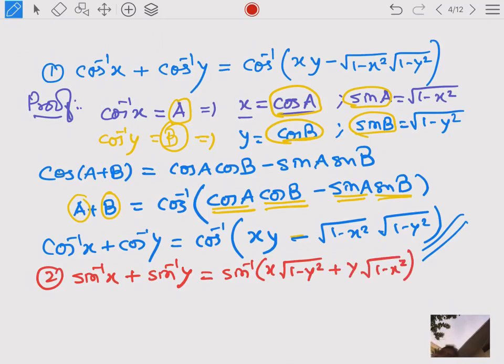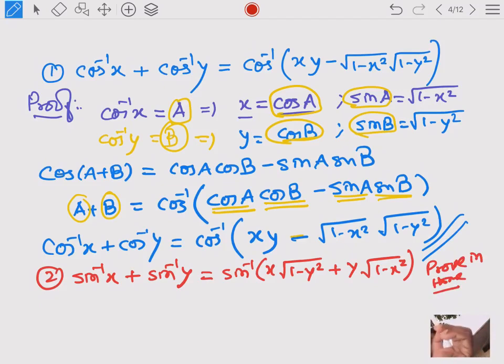Students, there are so many conditions on x and y, which we will discuss later, but this is the main important formula: sin inverse x plus sin inverse y. Prove it at home.